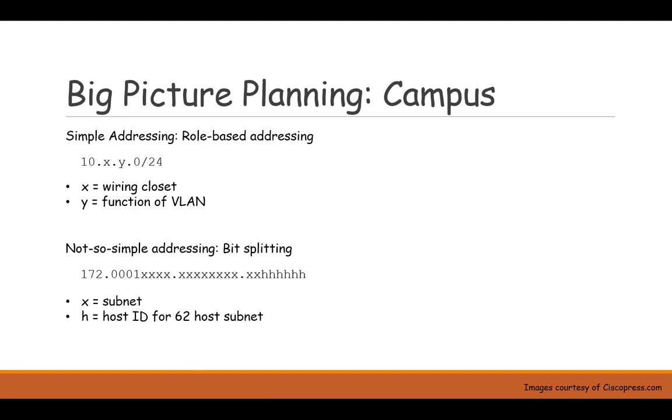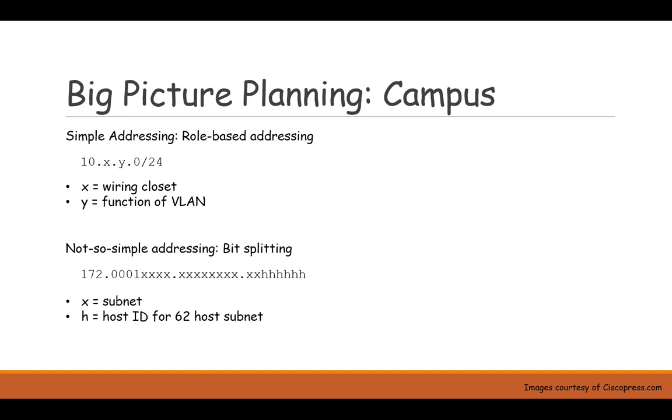So, Cisco recommends for address planning to use role-based addressing, where you have 10.x.y, where x is the wiring closet number, the building number, floor number, etc. Just x is the location identifier, and y is the function of the VLAN at that location.